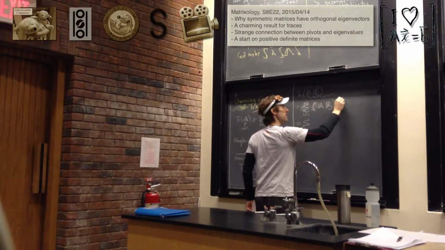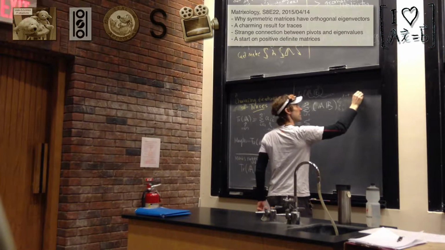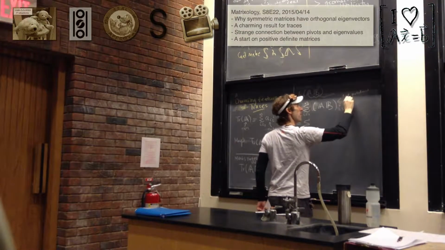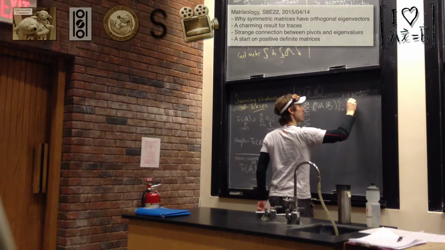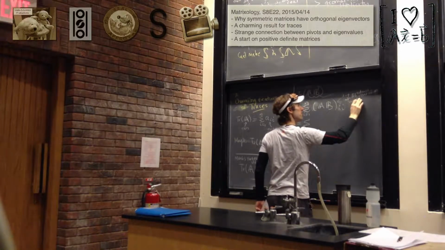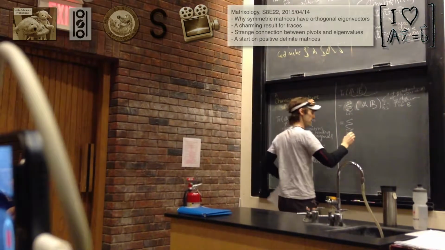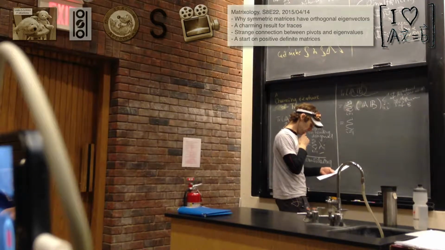Well, this thing is the dot product of the ith row of A with the ith column of B. Yes, nice. So we can do the right kind of notation.